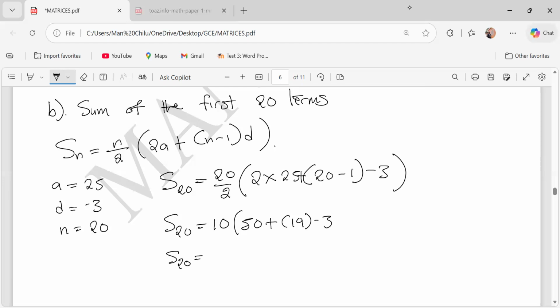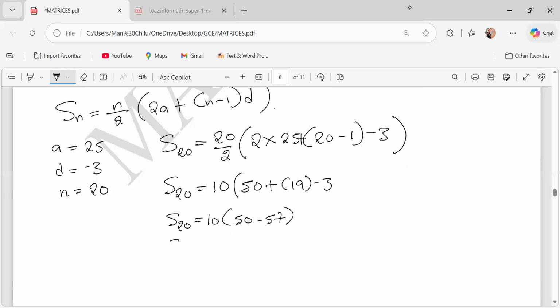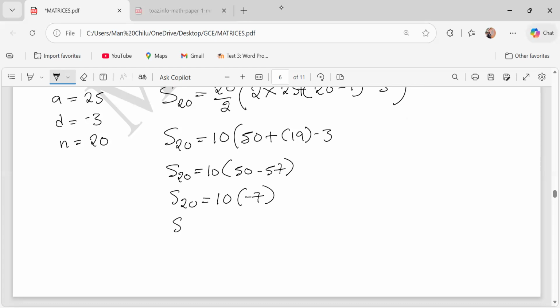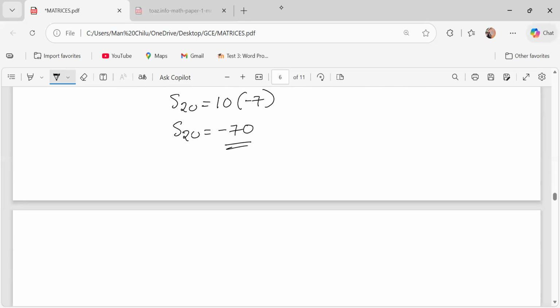So we're going to have 10 multiplied by 50 minus 57, we get negative 7. Negative 7 times 10, we are going to get negative 70. So that's the first question.